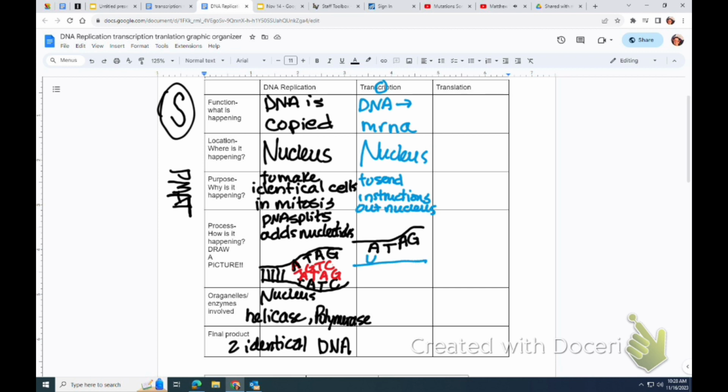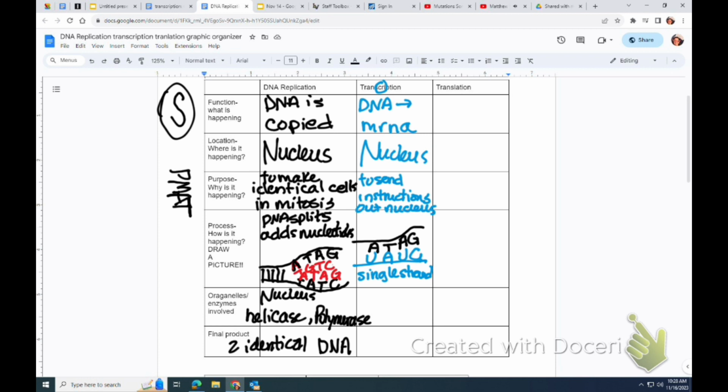It's going to be U, A, U, C, right? And this time, it's going to be a single strand. Not double-stranded like before.